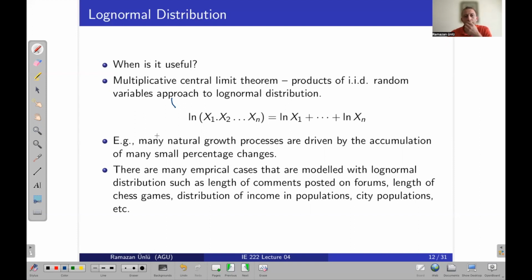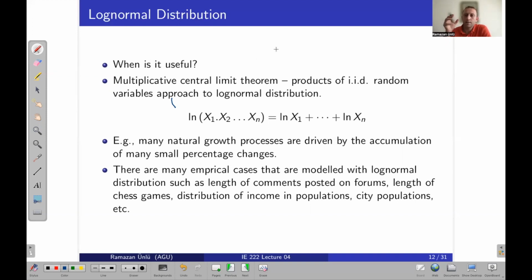If you want an example of this situation, many natural growth processes are driven by the accumulation of many small percentage changes. So let's say you have established a new job and you are designing some products.